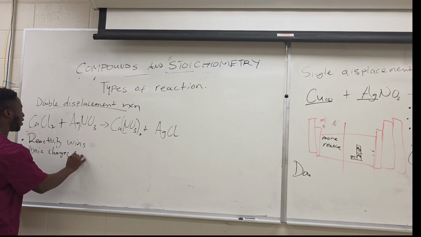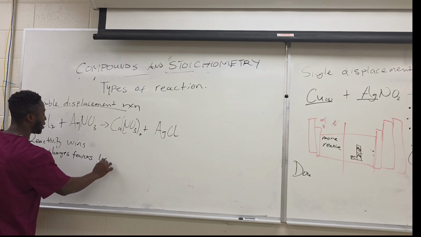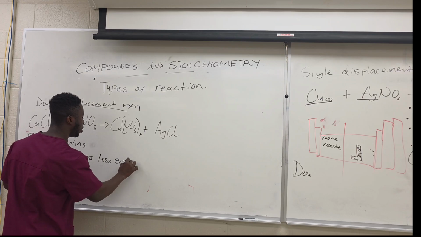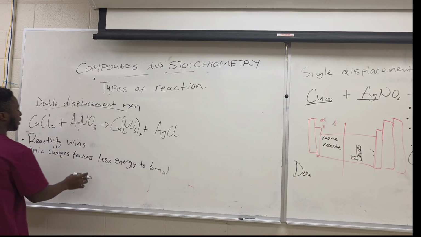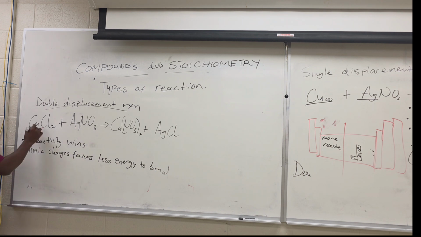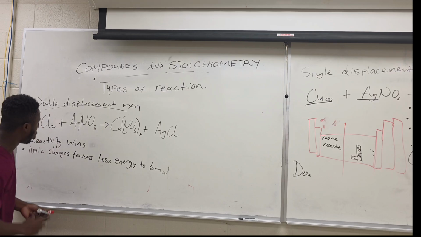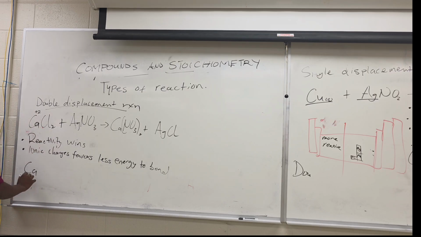So ionic charges favor less energy to bond. What I mean is, look over here. Calcium on a regular day will be calcium plus 2. They will lose 2 electrons. Calcium over here will form a plus 2 charge. Chlorine on a regular day will form a minus 1 charge.